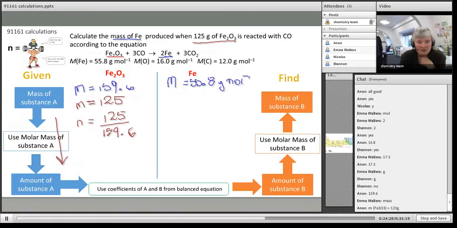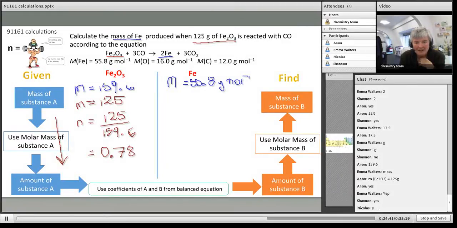Did you get 0.783? It'll be great if you can work with me on this, because it'll also let you know that you're using your calculator correctly. And of course the unit is mole. And always check, because if I'd given the mass in kilograms, I would have had to convert that first.